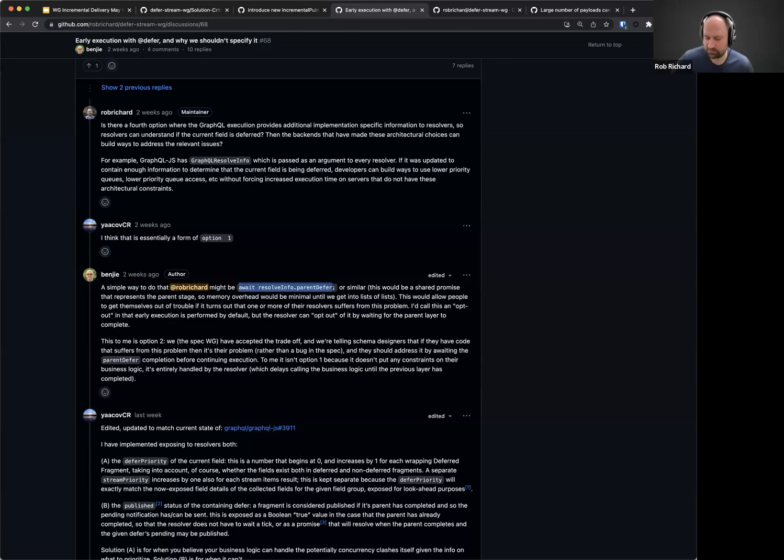So I will ask in a group, but yeah, it's a good idea in general to ask about what's currently implemented. I think it would be early execution, but yes, good suggestion. I think this code is not dependent on GraphQL.js. Okay.